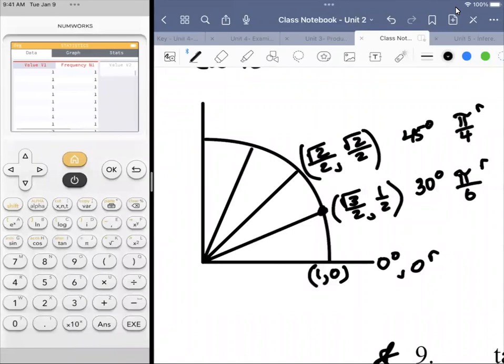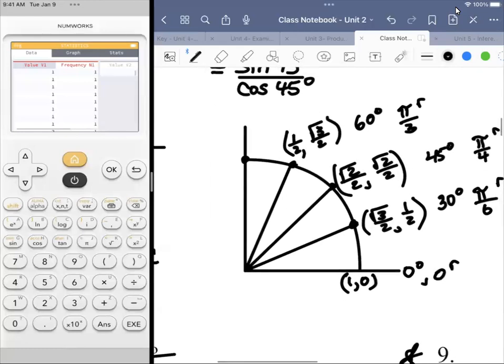All right. Then we have (1/2, √3/2). Oops. Put the cart before the horse there. Or the number before the parenthesis. All right. 60 degrees, pi over 3 rad. Right. And then the last one here is (0, 1). That's 90 degrees, pi over 2 rad.